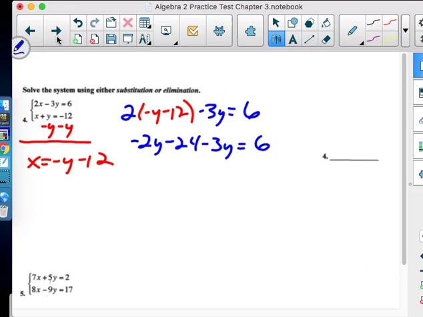Sounds like a good plan. Sophie, what would you do next? Sounds like a good plan. Jillian Telfer, what next? Beautiful.